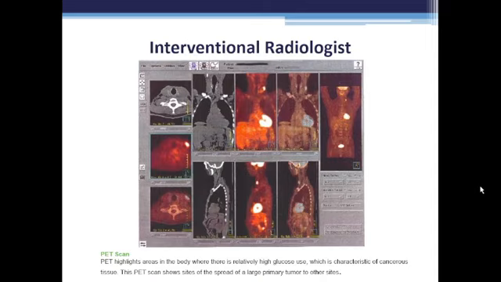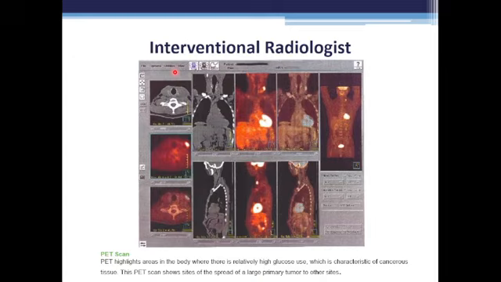As those isotopes break down, they release energy that is detected by the scanner, which produces a detailed image of metabolic activity in the body.